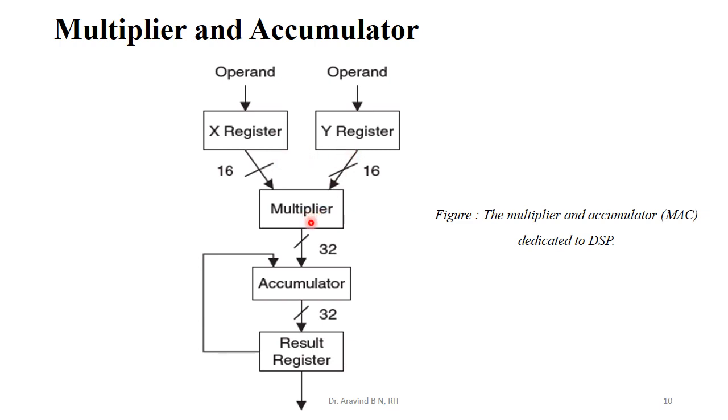This multiplier is going to generate double precision data, that is 32-bit size, that will be stored in a 32-bit accumulator, and from the accumulator the data will be shifted to the result register, which is also 32-bit. So this is a dedicated unit that is present in the DSP concept.